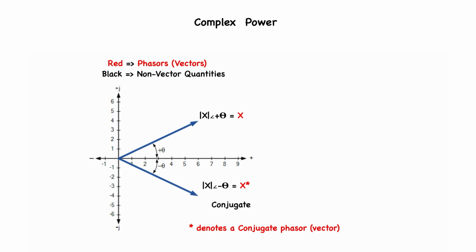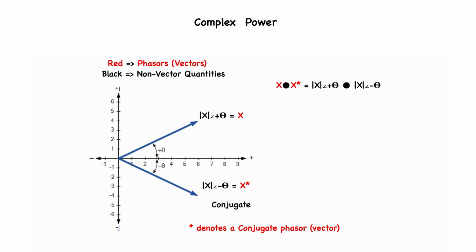Now if we took one phasor and its conjugate and multiplied them together, we're just going to use our rules for multiplying phasors or vectors together. x times x conjugate is the same as magnitude x at plus theta times magnitude x at minus theta. So you multiply the 2 x's together and you add the 2 angles together.